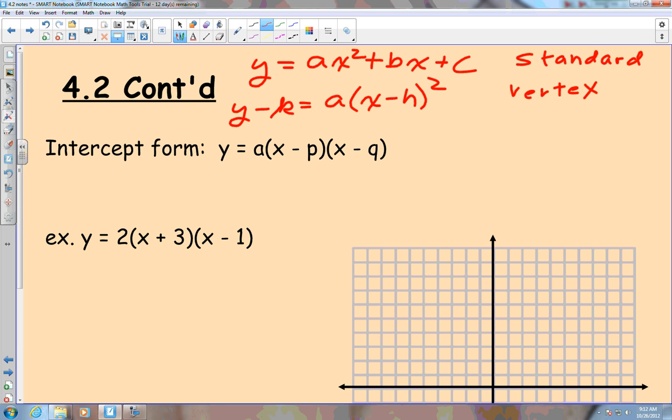Today we're going to talk about the intercept form. So the intercept form looks like this. Y equals a times x minus p in parentheses times x minus q in parentheses. And we'll look at why we're going to call that the intercept form in just a minute.